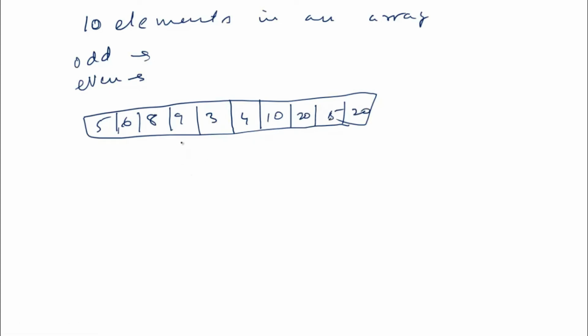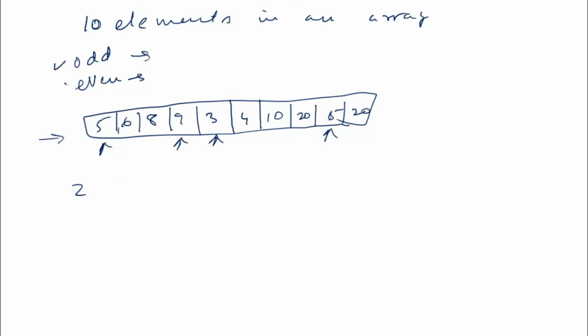Now here you see this is an odd number, this is another odd number, this is another odd number, this is another odd number. So the number which is not divisible by 2 is an odd number, and the number which is divisible by 2 is an even number. So how can I do that? How many variables do I need here?